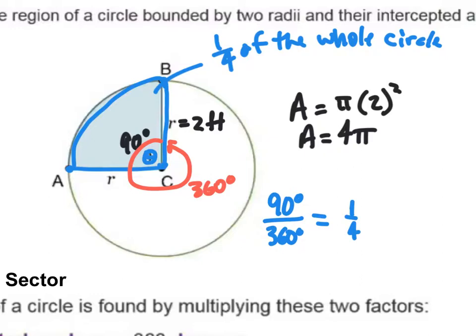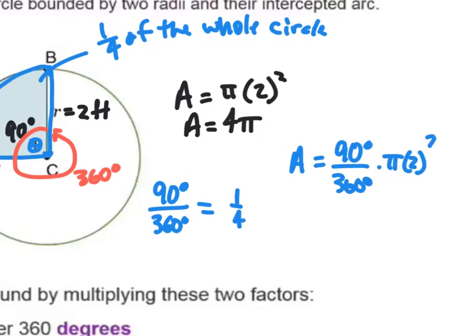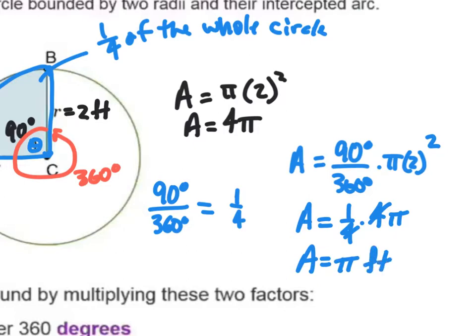So to find the area of my pizza slice, my sector, I take 90 degrees divided by 360 degrees and multiply it by the area of the circle, pi times 2 squared. Interestingly enough, I get 1/4 times 4 pi. The 4's divide out, and the area of my sector is just pi feet squared.